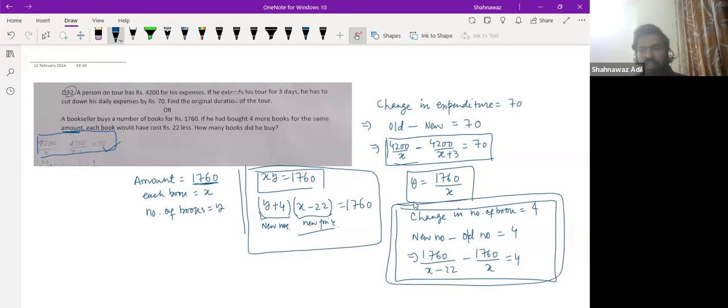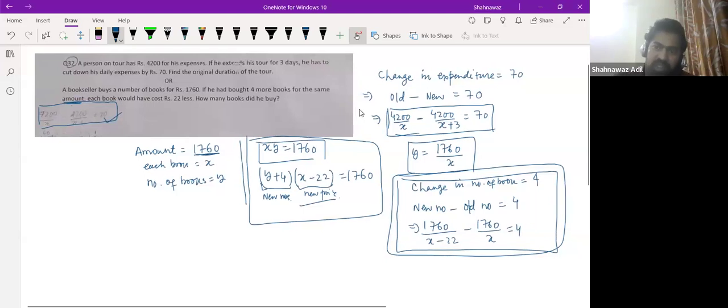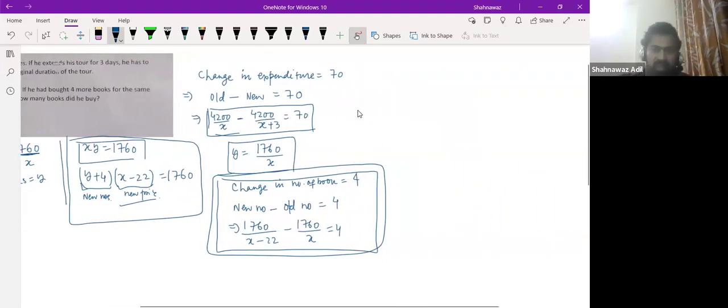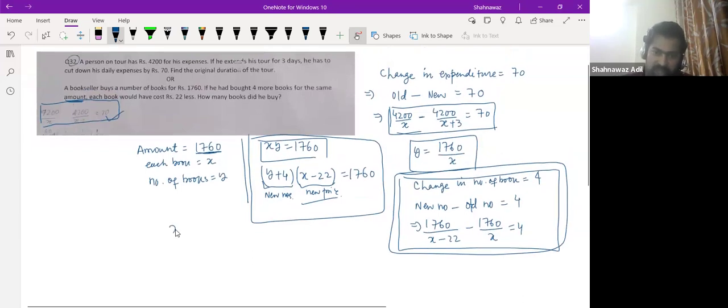From both the methods we get the same answer, right? So let me ask you guys, if I want this equation in terms of y, how will I write that? You guys tell me. X is equal to 1760 by y. Yeah, good. So x is 1760 by y.